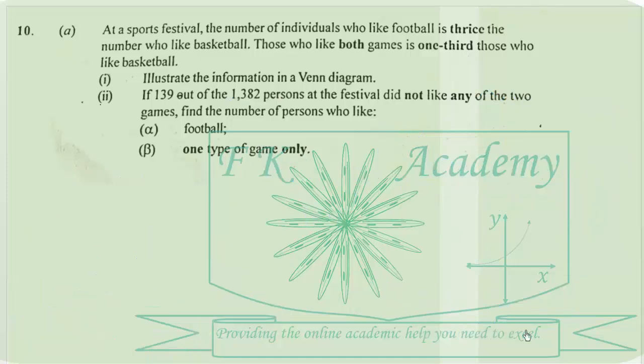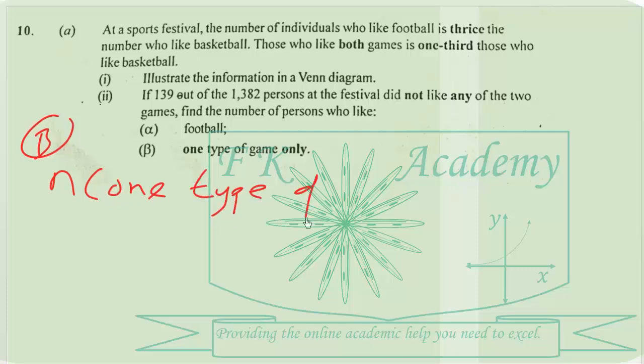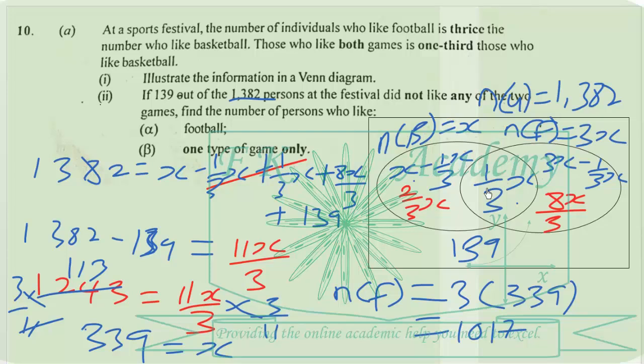Then again, we're asked to find the number who like one type of game, and that will be equal to 2 over 3x plus 8 over 3x.